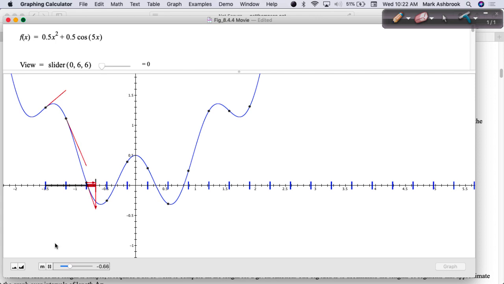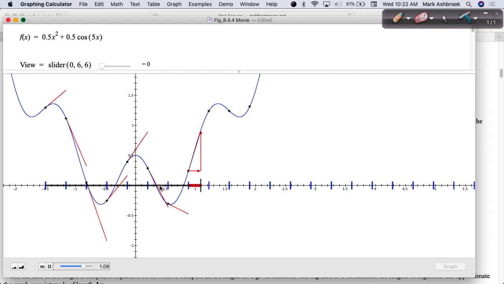And watch what we're going to keep track of in each delta x interval. We're going to start extending a segment starting from the left side of the interval that's tangent to the curve at the left side of the interval. And we're going to measure the length of that straight segment in each interval.